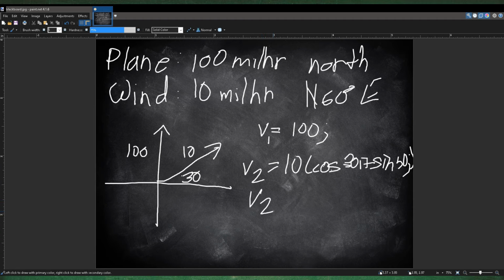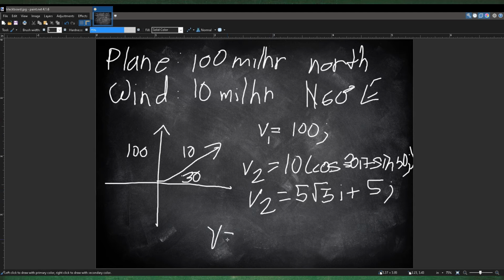Now just write vector 2 in the component form. Cosine of 30 is square root 3 over 2, so this is 5 square root 3 i, plus sine of 30 is 1/2, so this is 5j.